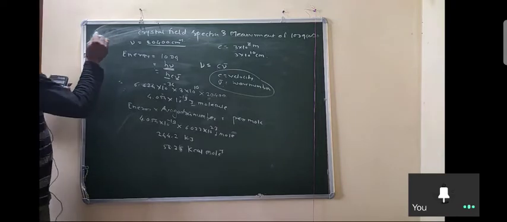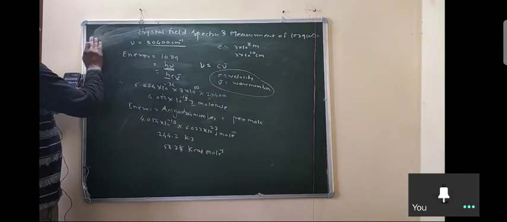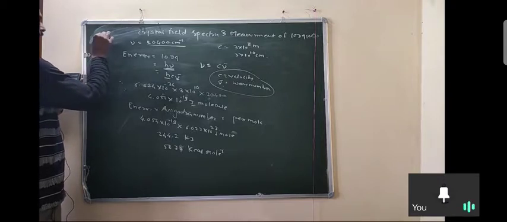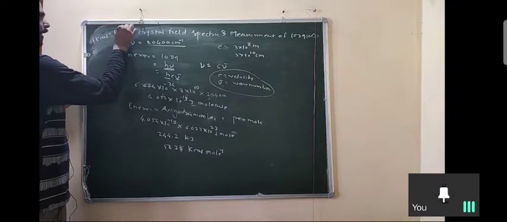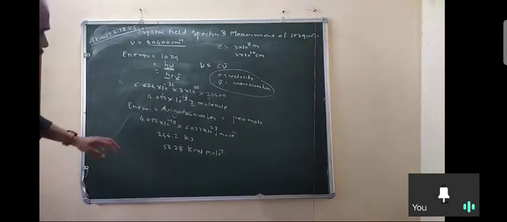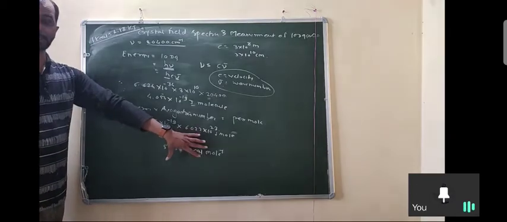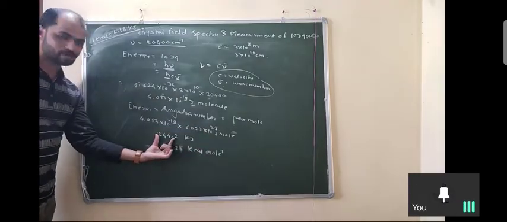Here you just remember 1 kilocalorie is equal to 4.18 kilojoule. So the answer which is coming after converting the energy into per mole, just divide by 4.18.